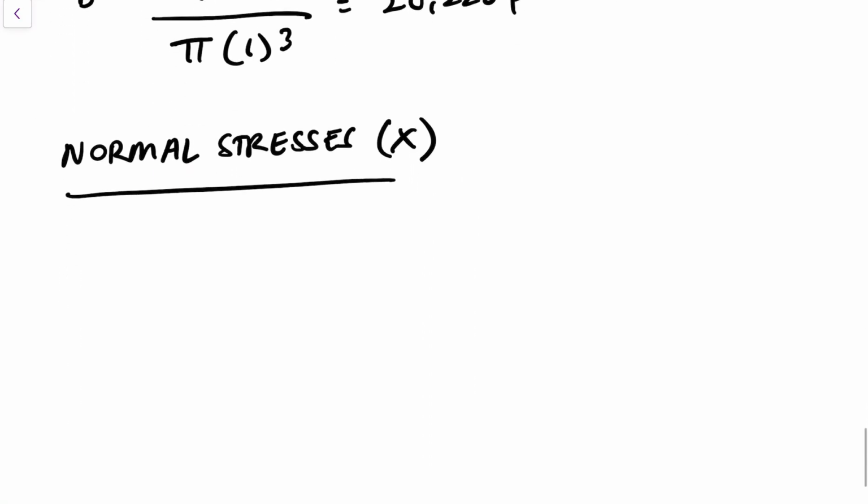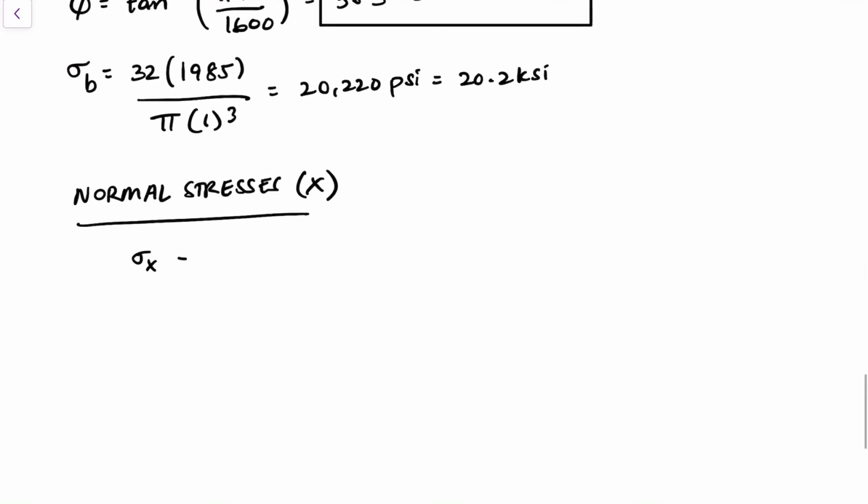So we can directly add those. So sigma x is equal to sigma A plus sigma B, which is 20,220 psi plus 95.5.